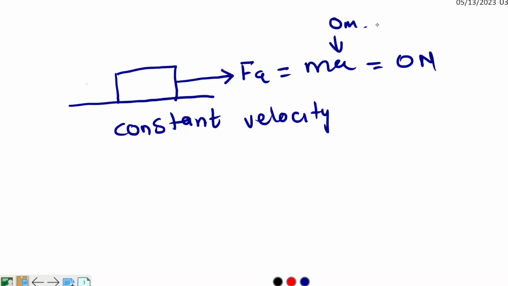If the acceleration is 0 meters per second squared, that means the net applied force is 0 newtons.